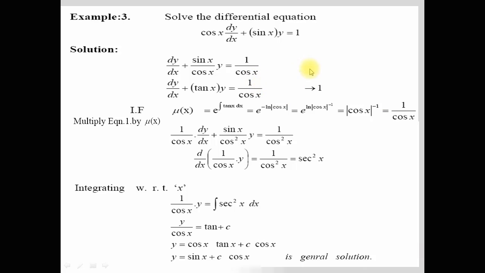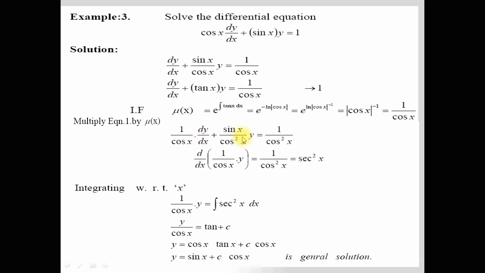So 1 over cos multiplied by 1 over cos is equal to 1 over cos square, and 1 over cos square means secant square.